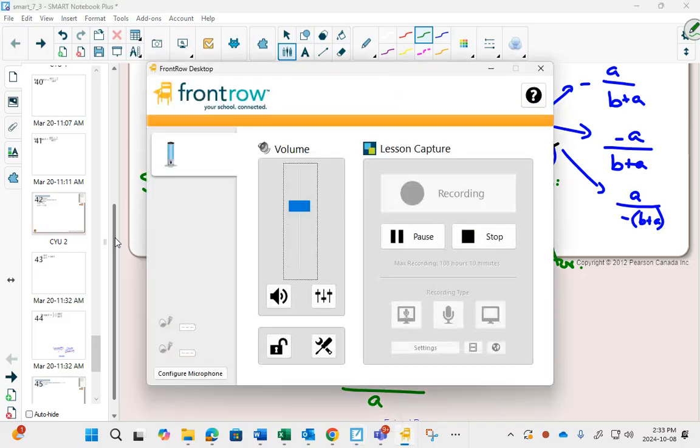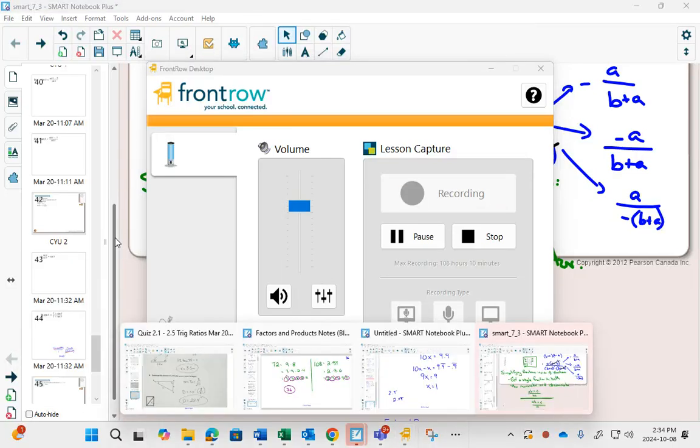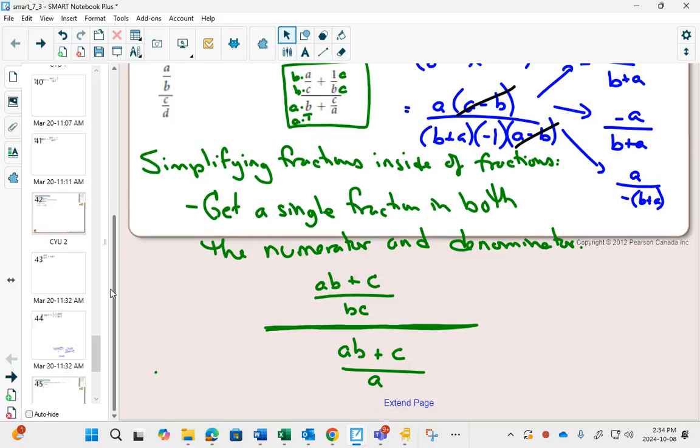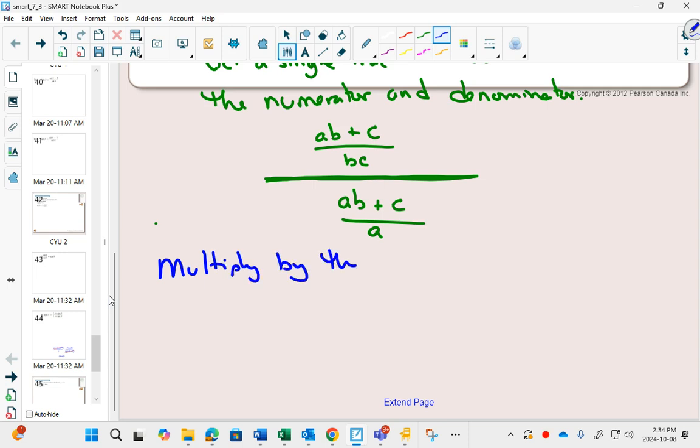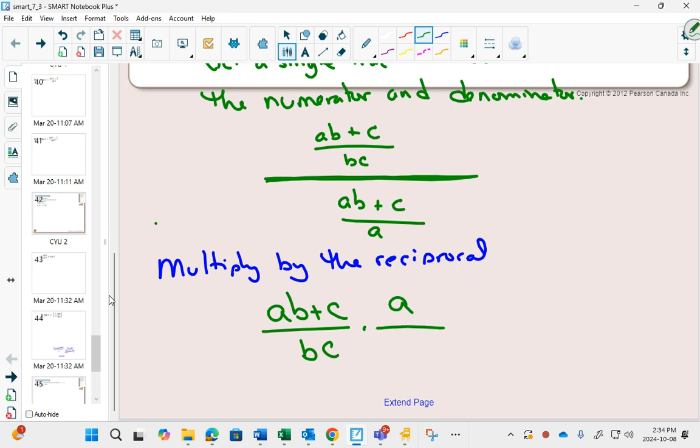And then, of course, if you have a fraction divided by a fraction, then you can multiply by the reciprocal. So we would have ab plus c over bc multiplied by the reciprocal a over ab plus c.